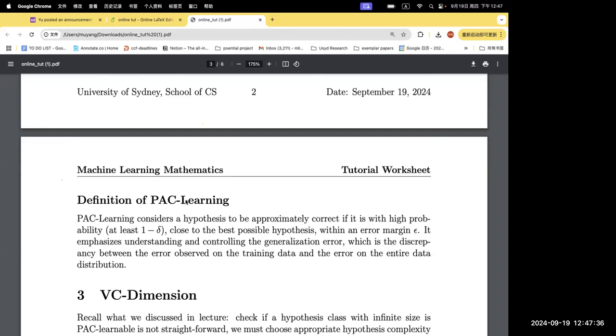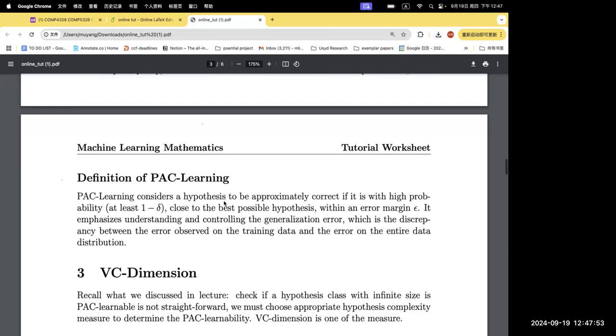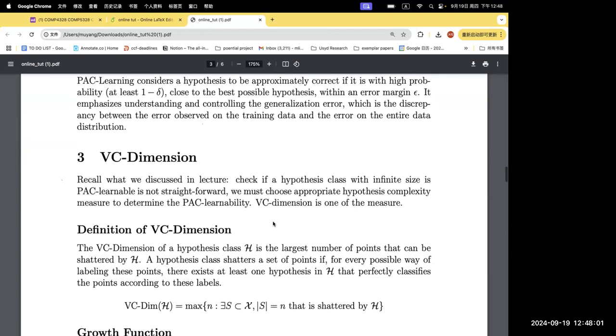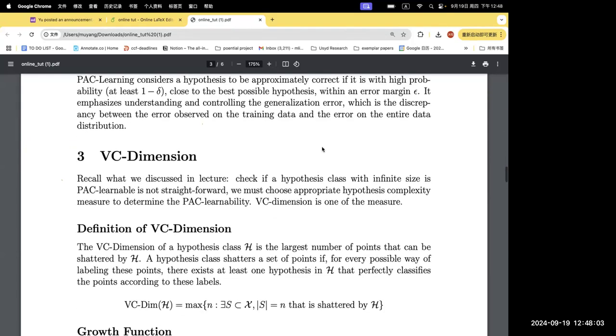But for hypothesis classes that contain infinitely many hypotheses, which is usually the more realistic scenario in applications, how should we determine whether the class is PAC learnable? We cannot do this in a straightforward manner. We have to choose an appropriate hypothesis complexity measure, such as VC dimension.